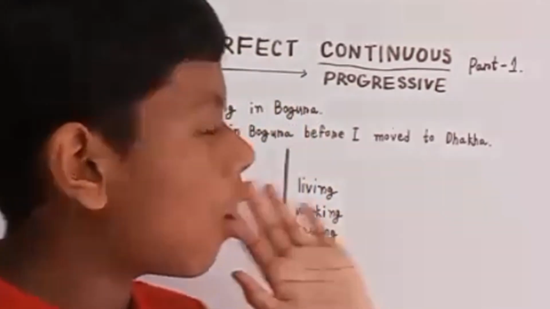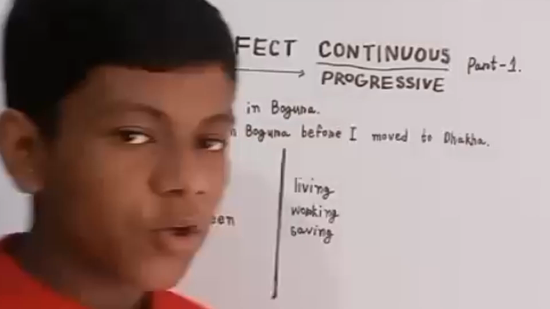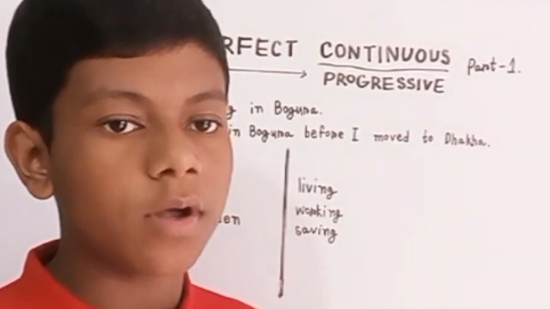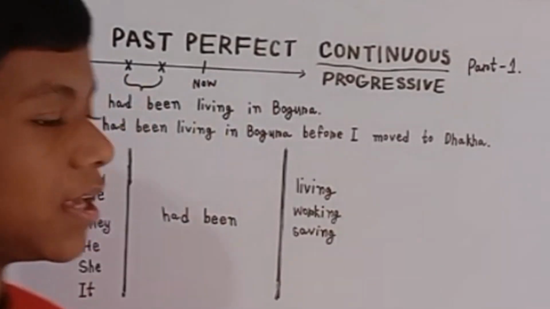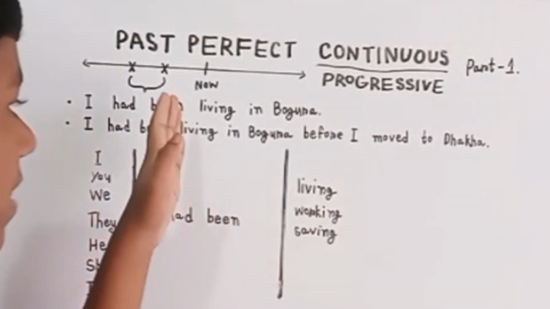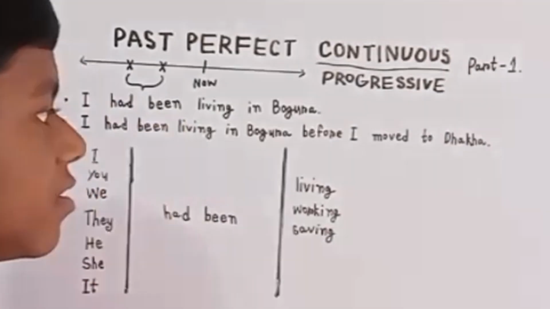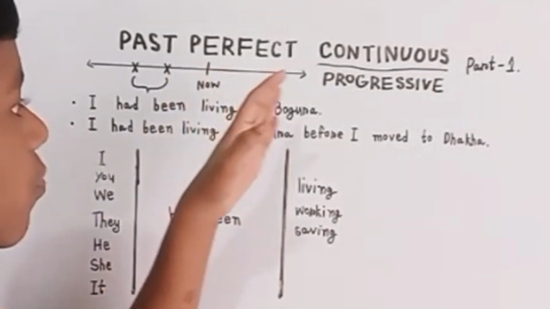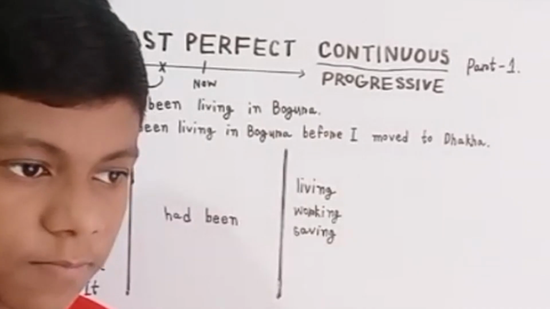Everything happened in the past. We have already understood how it works, so let's see the timeline with these two examples, to understand the meaning of the past perfect continuous tense, also called the past perfect progressive tense.